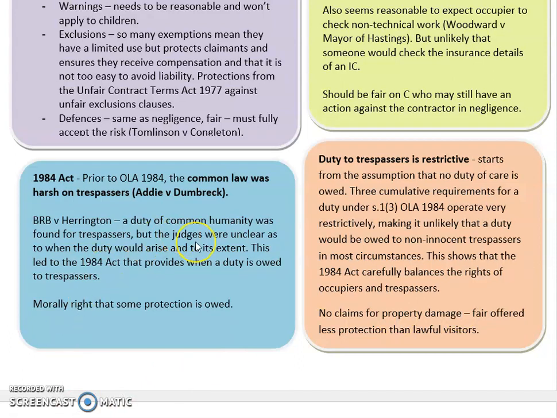So in terms of a conclusion then, you could talk about the fact that both acts were provided to give some clarity on when a duty is going to be owed to visitors and to trespassers. And the Occupiers Liability Acts of 1957 and 1984 are certainly an improvement on the common law, which was very unclear.